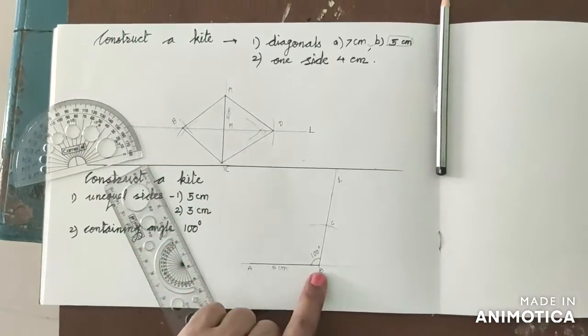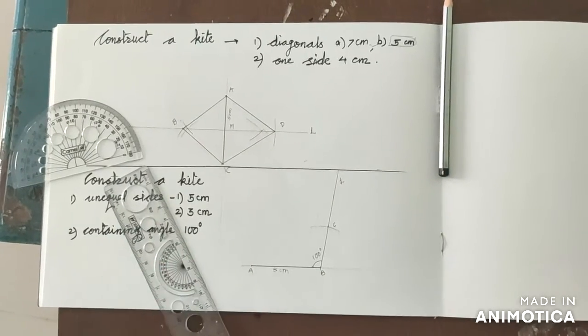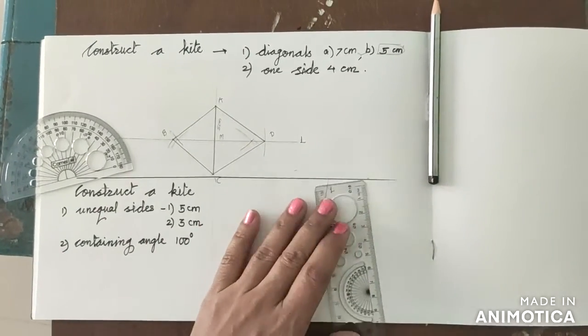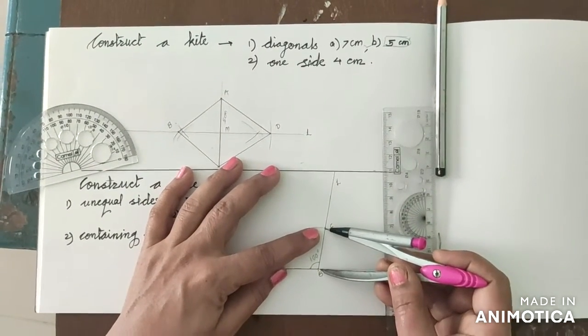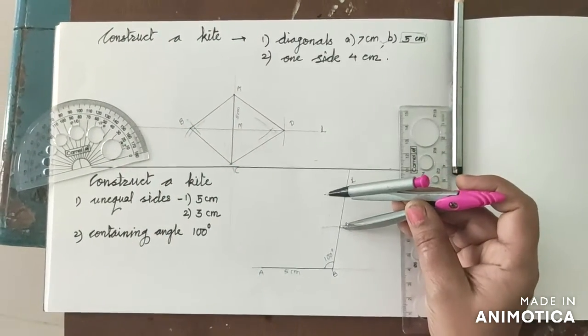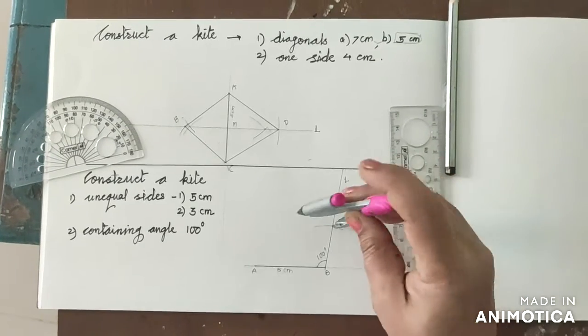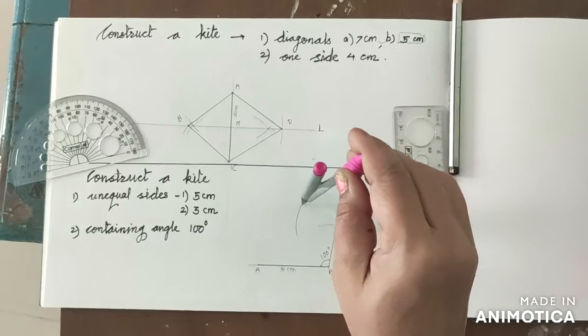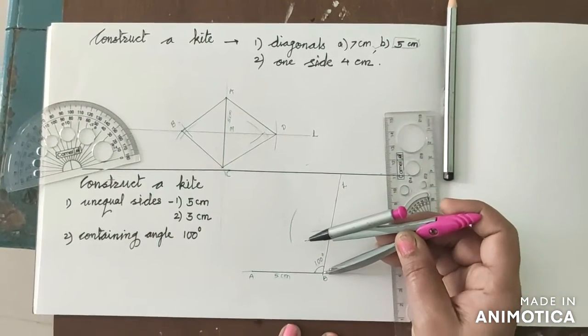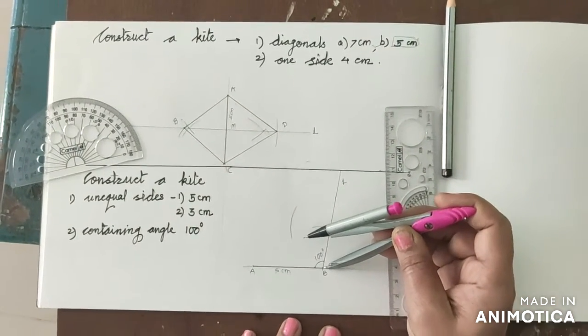So take 5 centimeter, or we already have the 3 centimeter measurement, so use that first. Draw an arc and then take 5 centimeter. We already measured it.